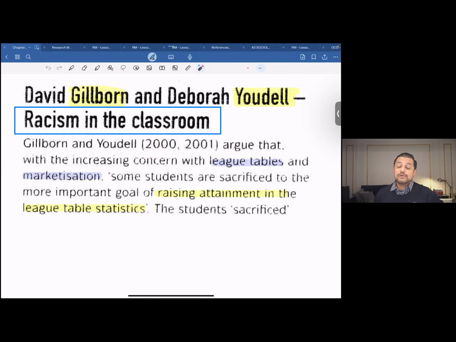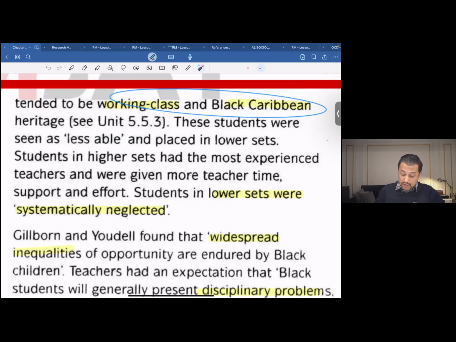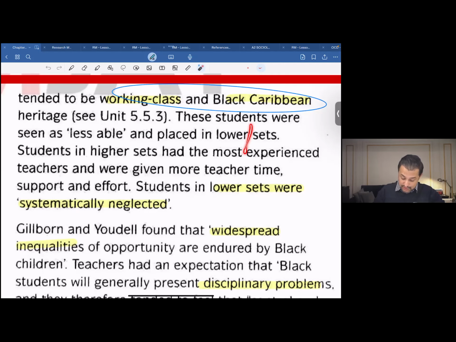According to Gilborn and Youdell, many individuals from working class origin and individuals from Black Caribbean origin end up being systematically neglected. What does it mean when we talk about them being systematically neglected? If you remember, before this we had done group abilities: we had spoken about sets, streaming, banding, and mixed ability groups.